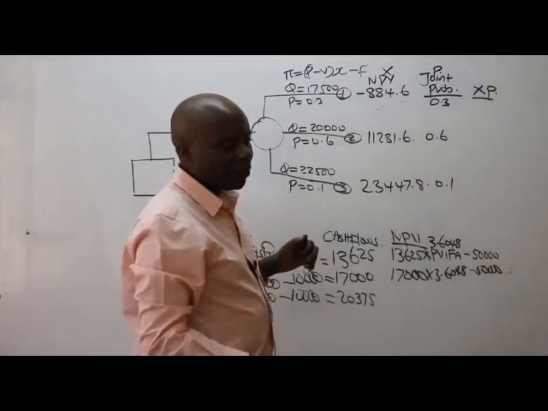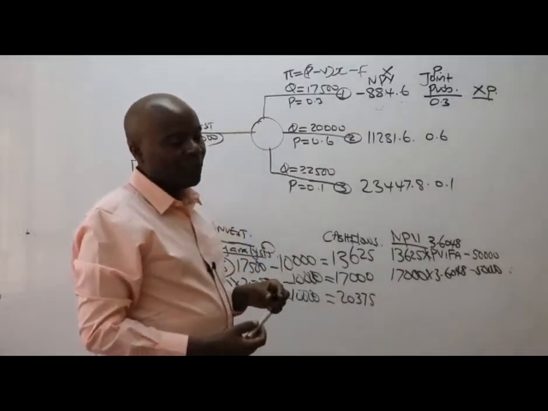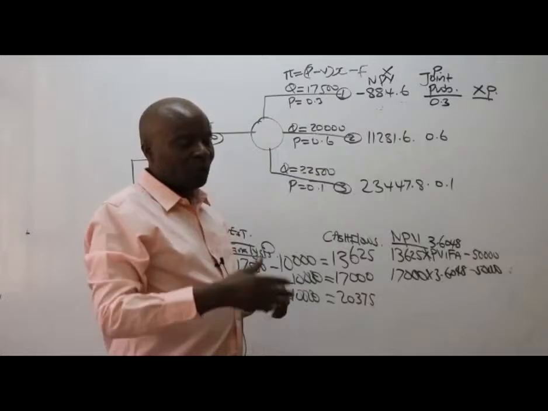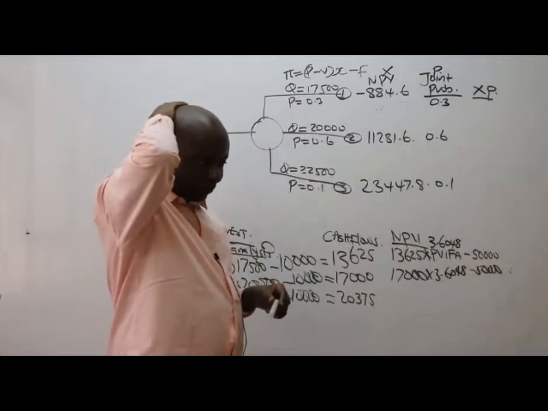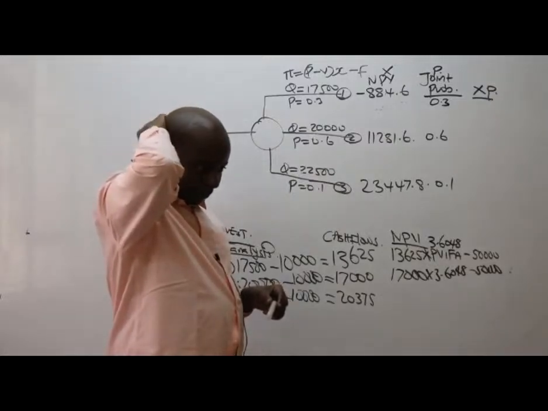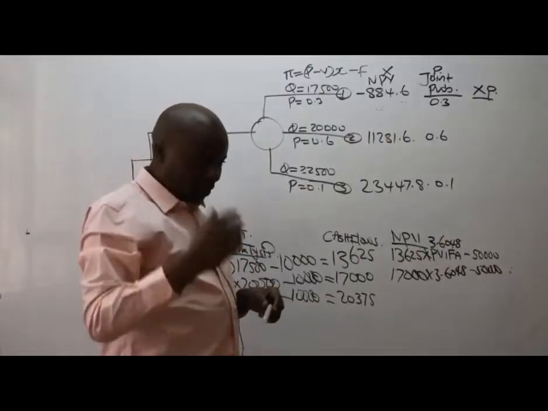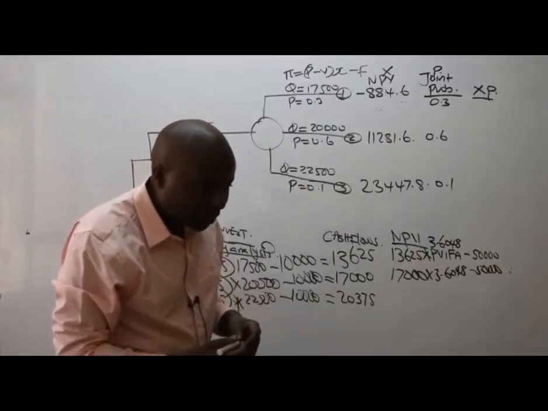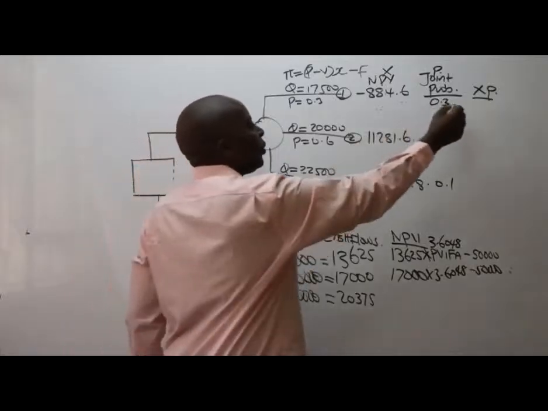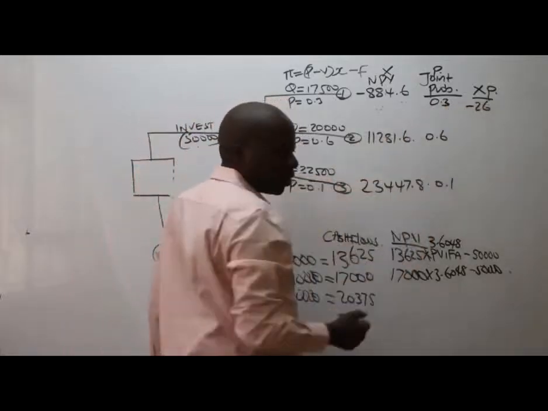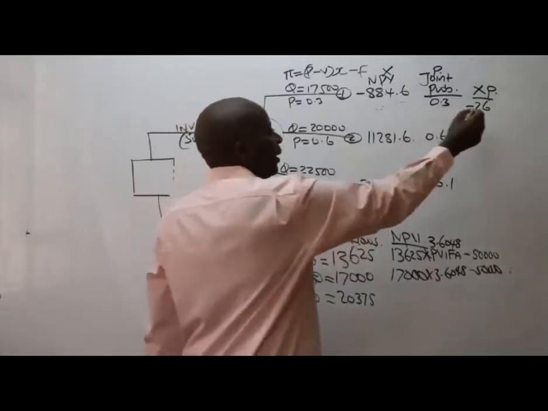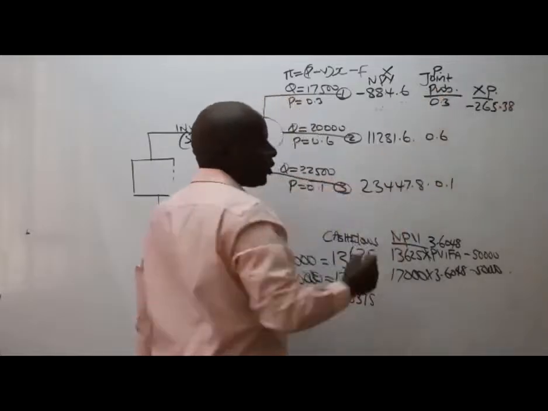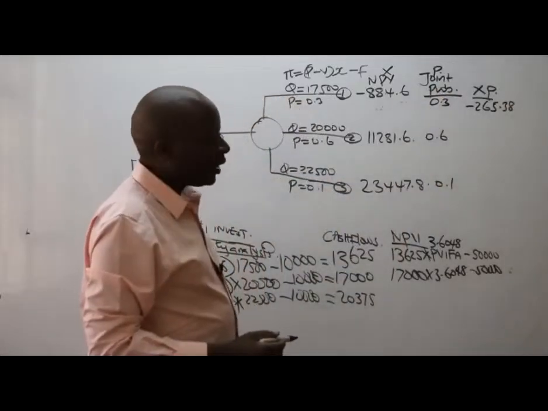Minus 884.6 times 0.3, please give me a figure. It comes to minus 265.38. Thank you so much.